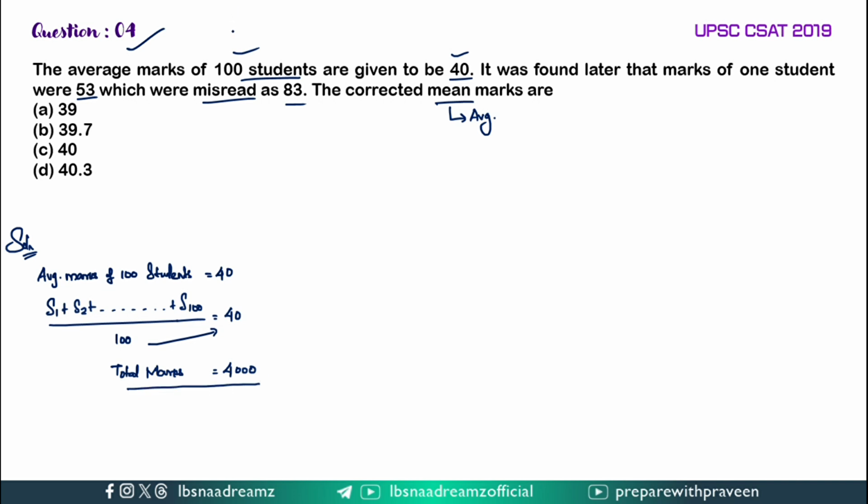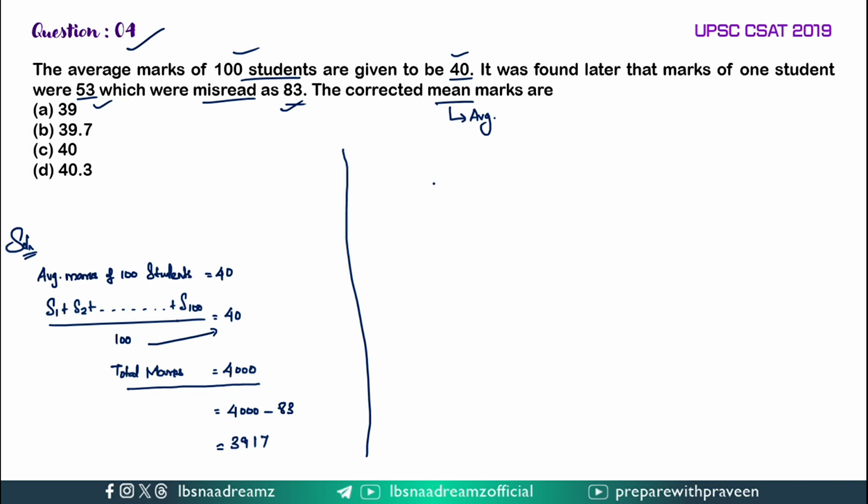So instead of 53, they misread as 83. Now we will subtract 83. 3917, right? So we have excluded the incorrect mark.